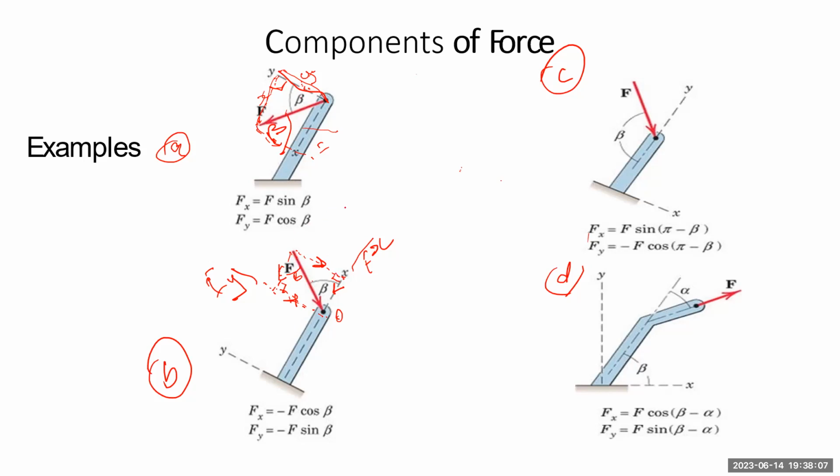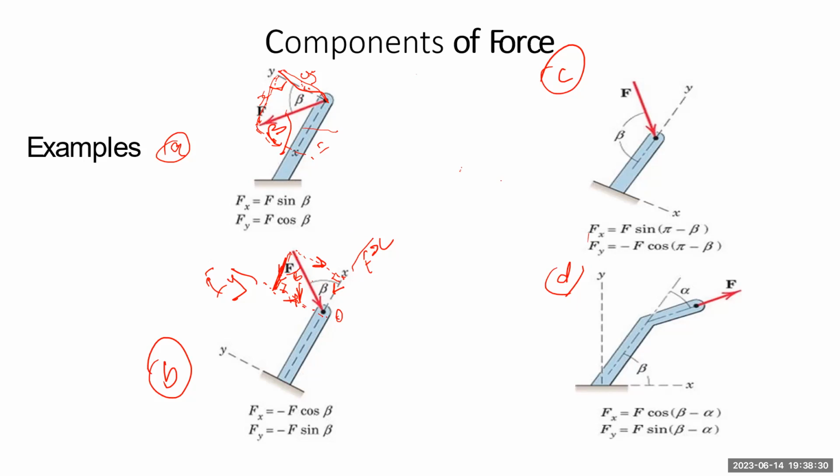So in regards to beta now, we would have the opposite side over the adjacent side, the opposite over the hypotenuse. Yes, so that would be sine, and this is the adjacent side. Yes, sir.